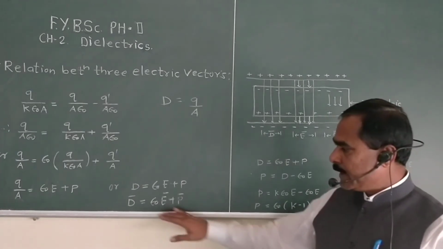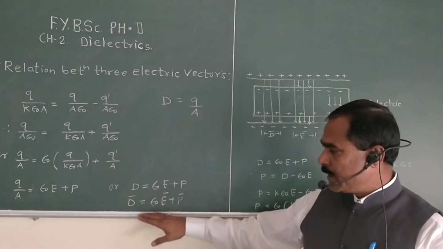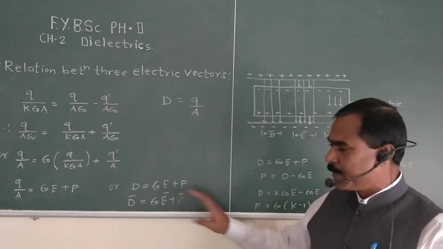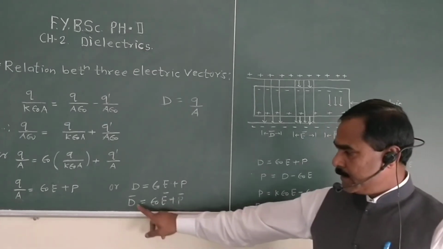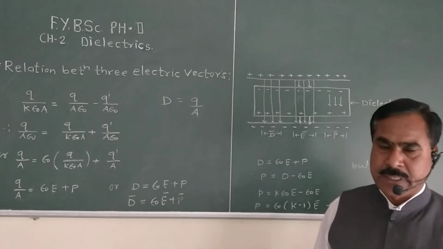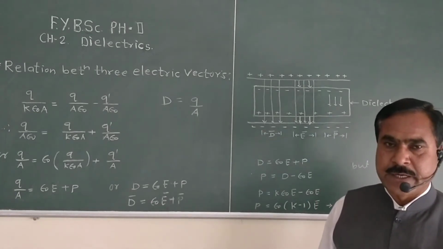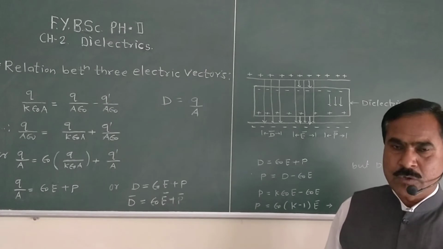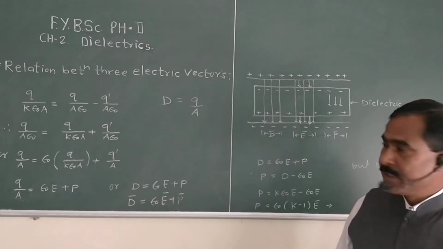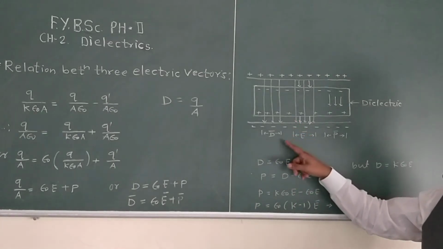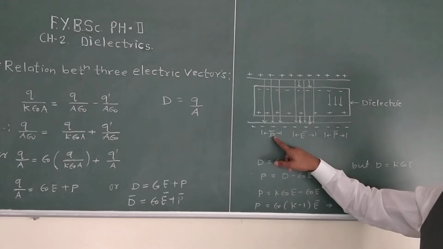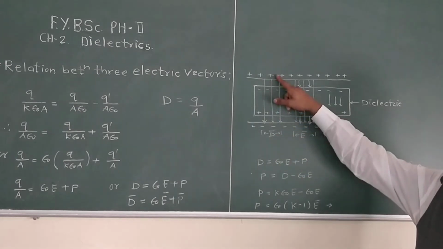Now in this equation D bar equal to epsilon E bar plus P bar, D bar is the electric displacement vector and it is always related with the free charges or true charges. In the figure we have shown D bar is related with the free charges, plus and minus.